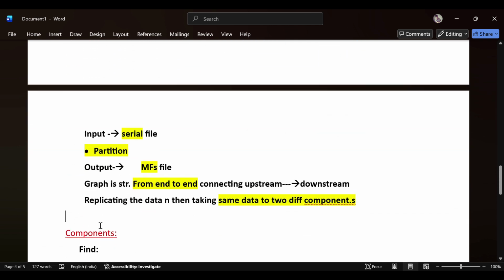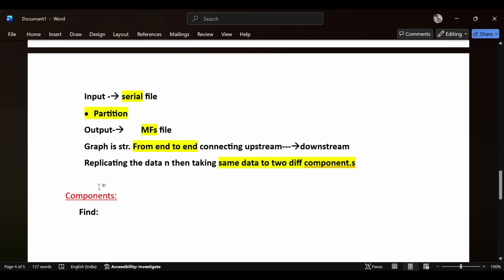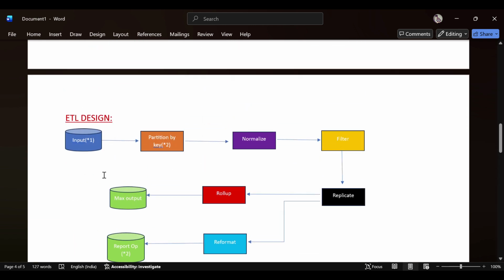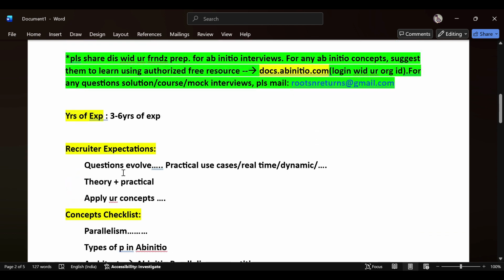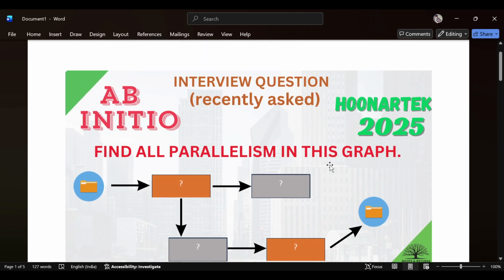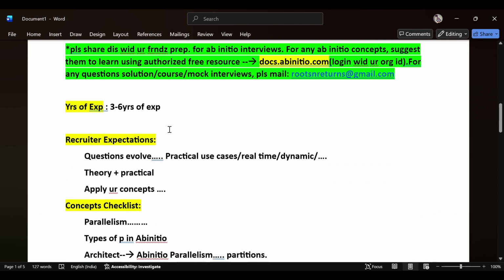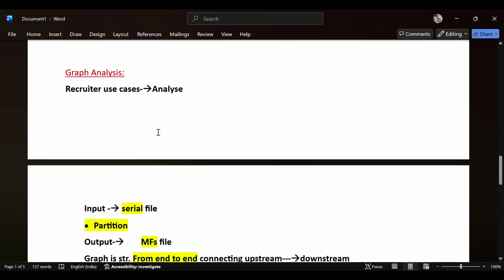Now we'll come to the types of parallelism. I'll come to components later. First, the recruiter's question is: find all parallelism in this graph. To find all the parallelism, you have to note down the components, right?